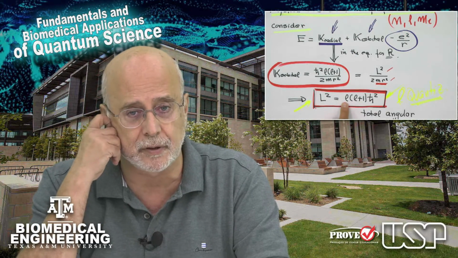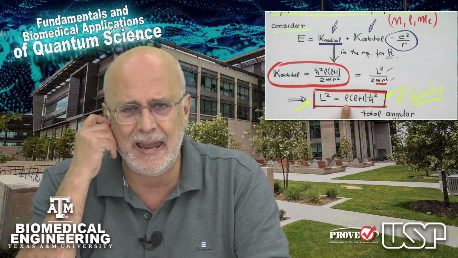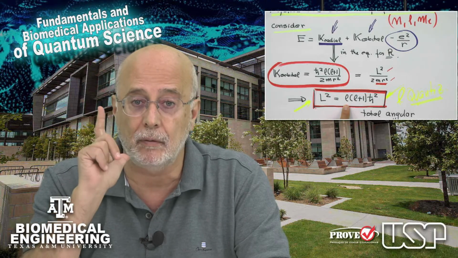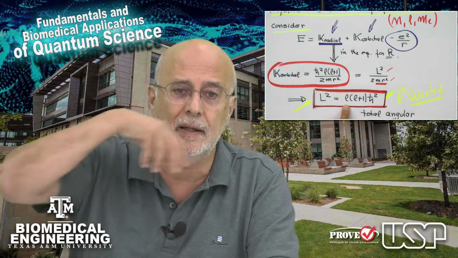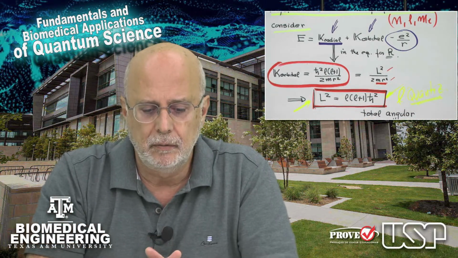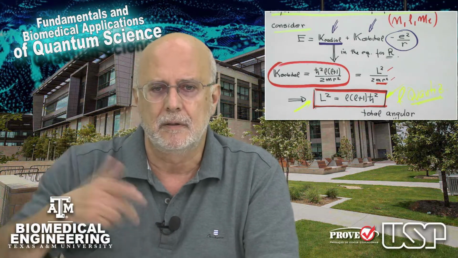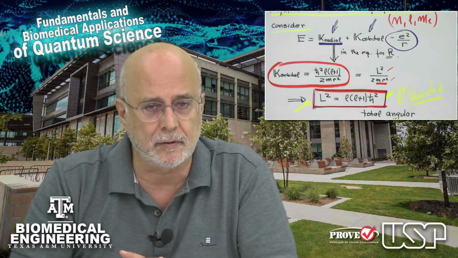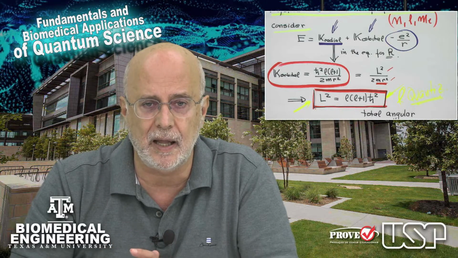If L equals 0, it means a state that has no angular momentum. How can somebody orbit around without having an angular momentum? Well, if the particle is going that way, and then that way, and that way in a sphere, we will not have angular momentum on average, because it goes everywhere and cancels. So L equals 0 is the absence of angular momentum in this orbit, and is one of the states we have for the electron in the atom.